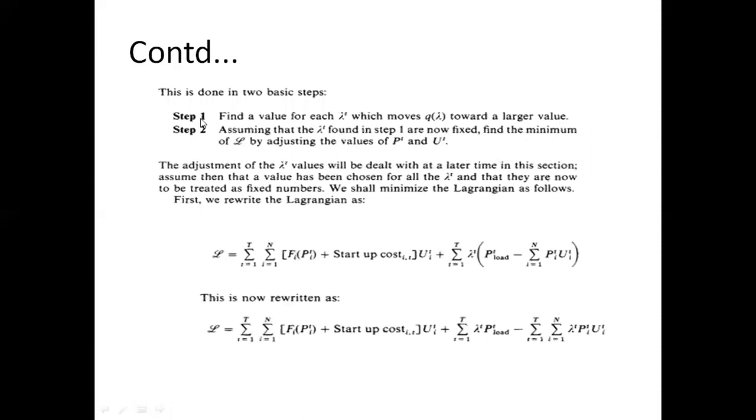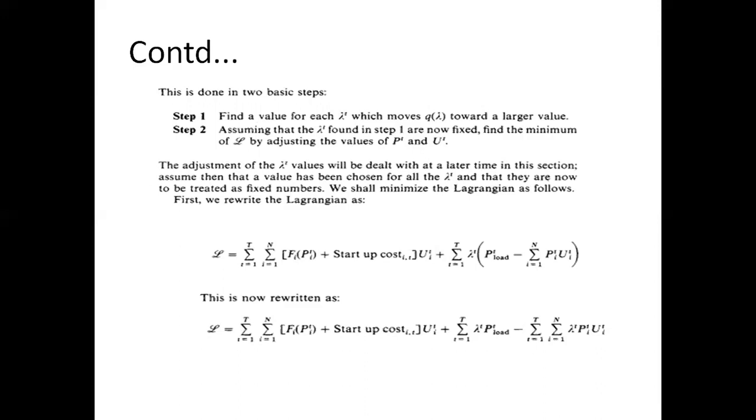So there are two steps that we follow in order to do this. Step one is to find a value of each lambda t which moves q lambda towards a larger value. Step two is to assume that the lambda t found in step one are now fixed, and find the minimum of the Lagrangian by adjusting the values of p to the power t and u_t.